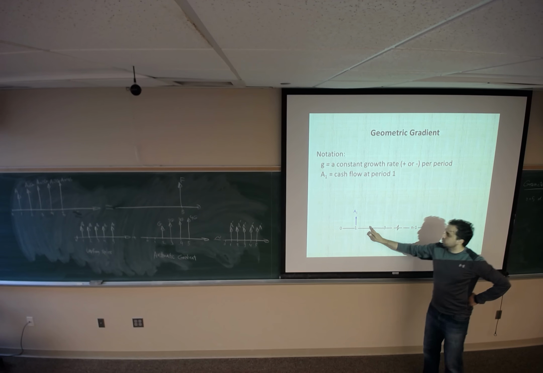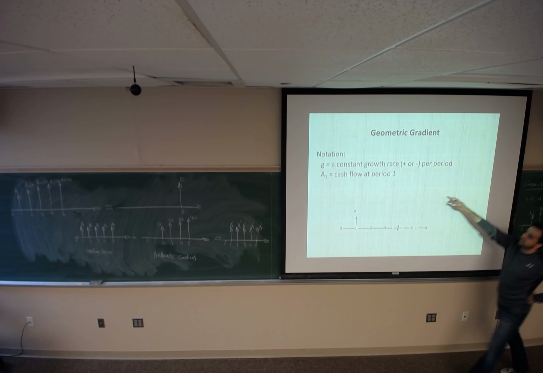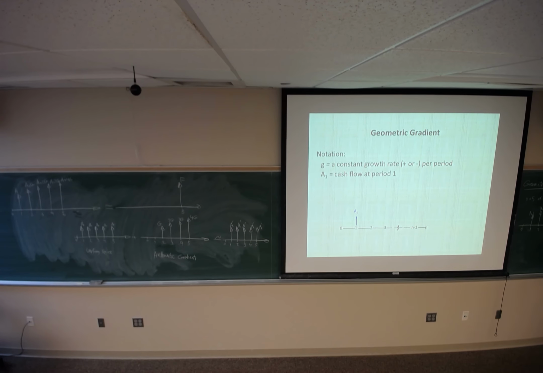So your next year's salary is gonna be A1 plus A1 times 5%. We call this 5%, with lower case g, the constant growing rate. It can be positive or negative, so it can be increasing or it can be decreasing over time.